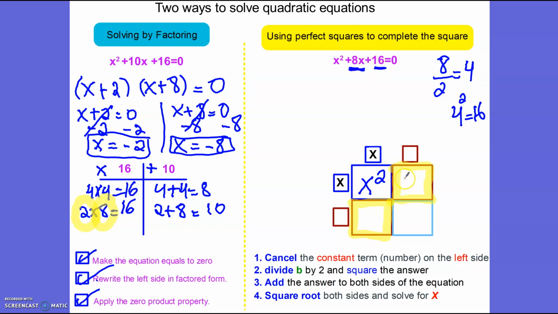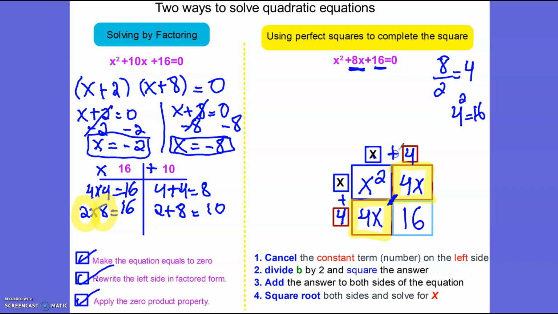So 8x, I will write 4x here and 4x here. Together, they make 8x. To get 4x, I multiply x times 4. And on this side, I multiply 4 times x. So now I can multiply 4 times 4 to get 16.